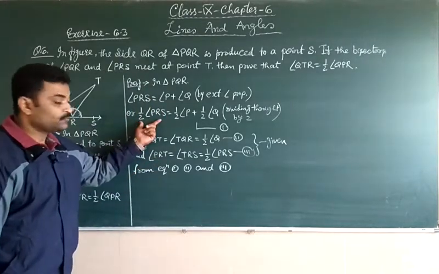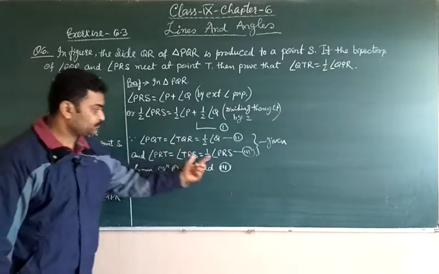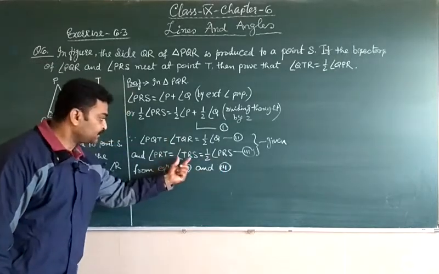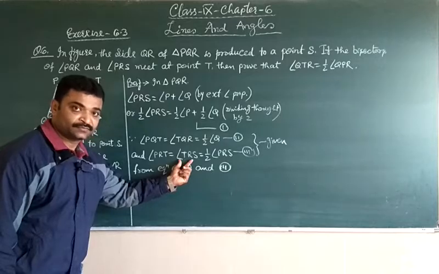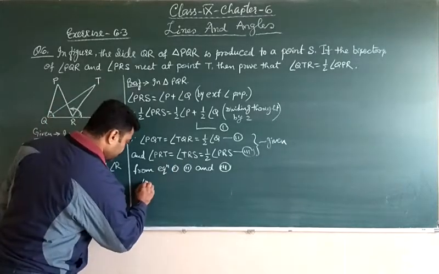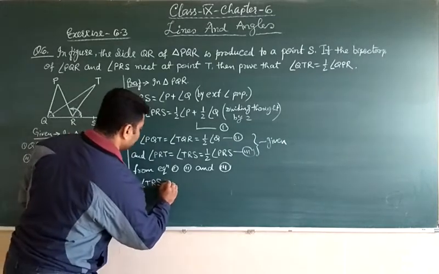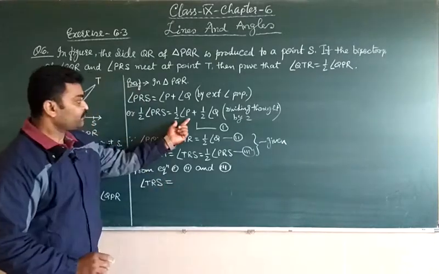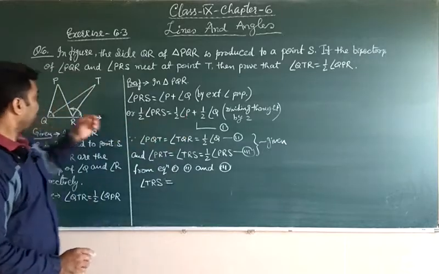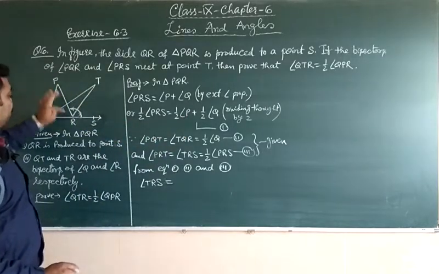In place of 1/2 PRS, we can write angle TRS. Clear? Angle TRS is equal to half of angle P. What is angle P? Angle P is the QPR.